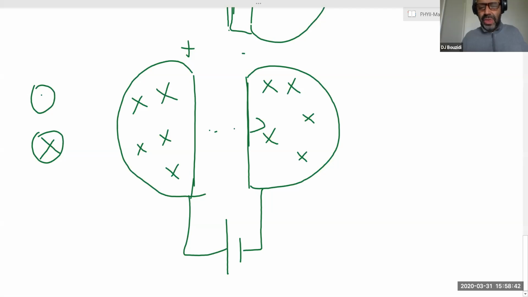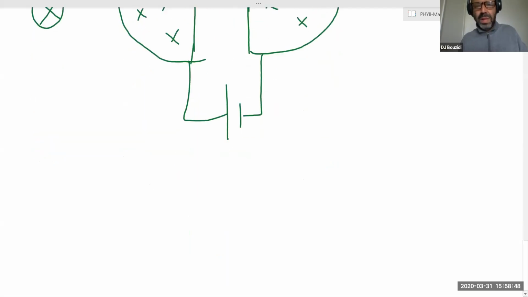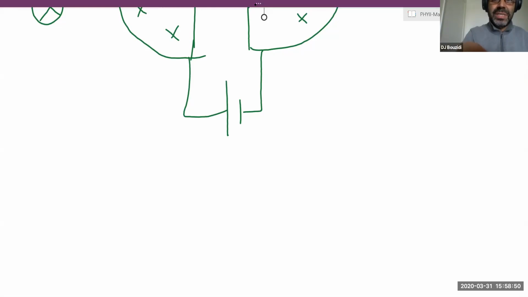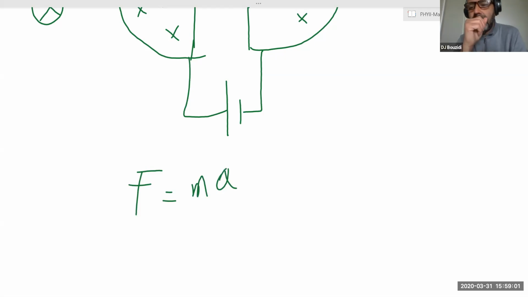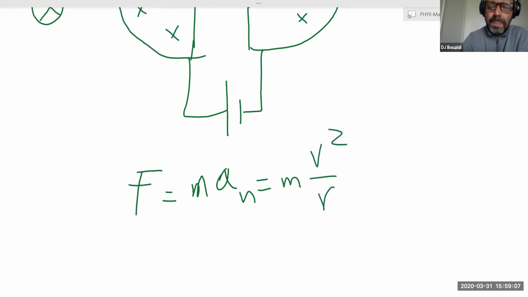Then, oops, I didn't mean for that line to happen. Then I'm interested in finding, basically, we're applying F equals MA now. F equals MA, and I dropped the vectors right now because I'm doing this in the centripetal direction, because I know this is going to be moving in a circle of radius r.